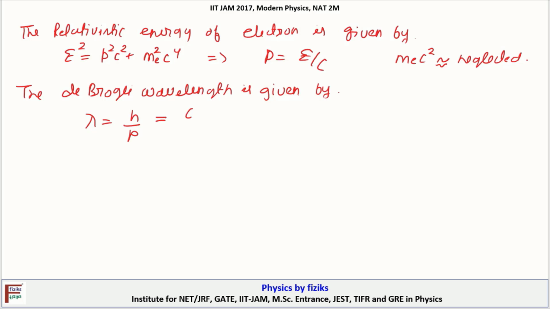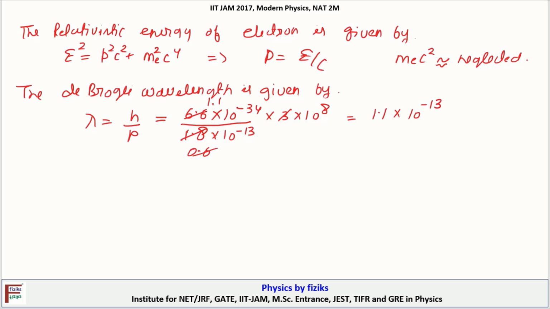So h is 6.6 × 10^-34, P is E by C, that is 1.8 × 10^-13 divided by C, and C is 3 × 10^8, which gives us about 1.1 × 10^-12 meter.